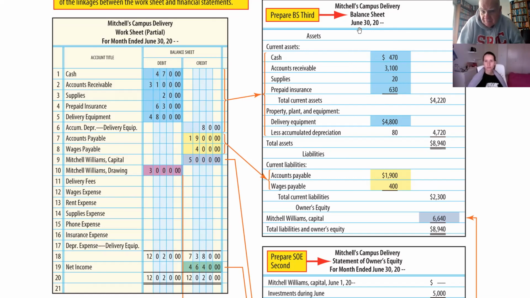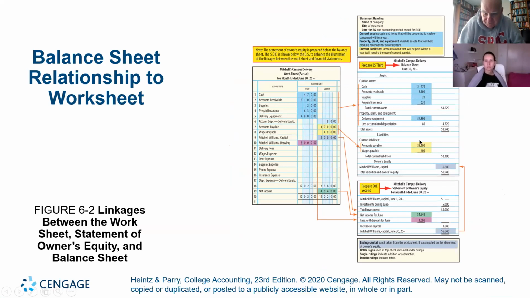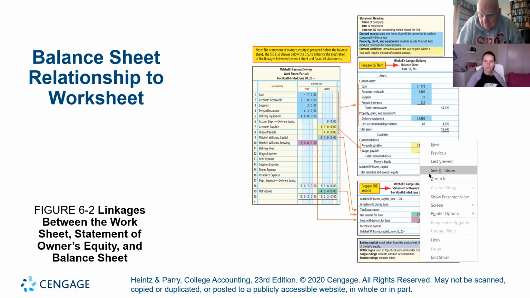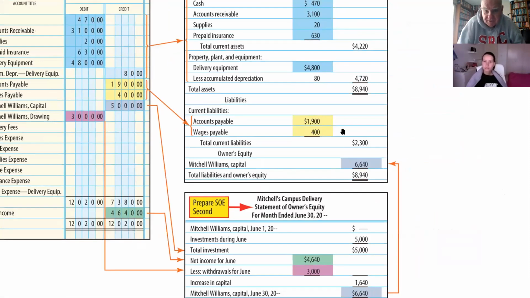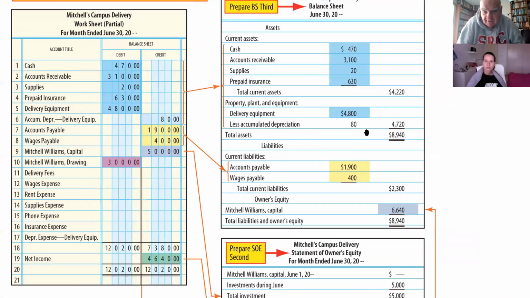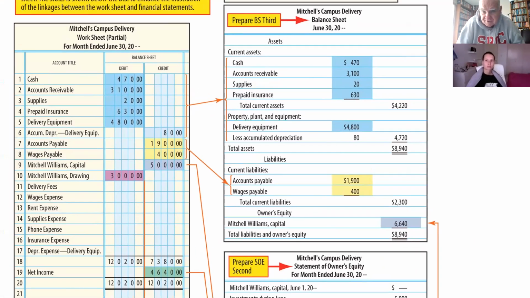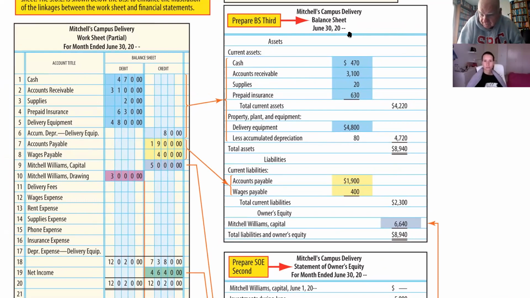As soon as the clock struck midnight at the end of the 30th, this is how much money we had in the bank. This is how much money customers owe us, etc. So our balance sheet has to say as of a specific date, and that's very important.